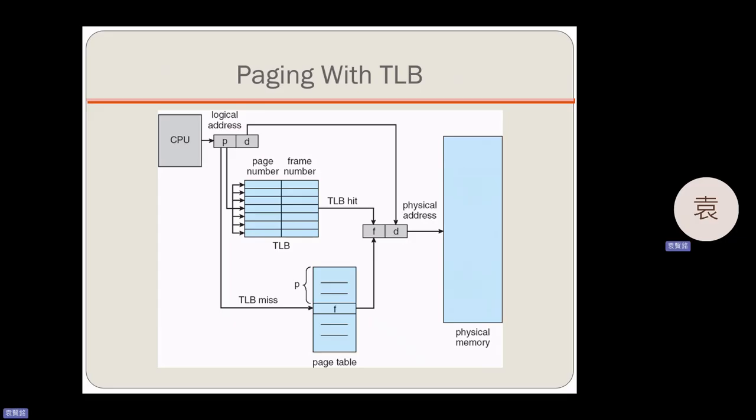TLB is a cache that usually only stores frequently used page entries. For example, because of the locality principle, when you run a program, in general a real application program usually contains a sequence of loops.